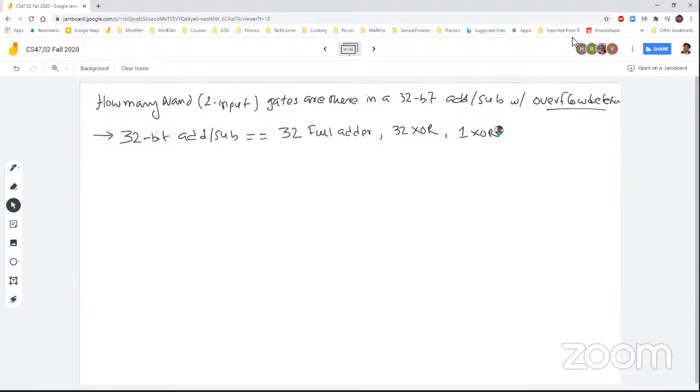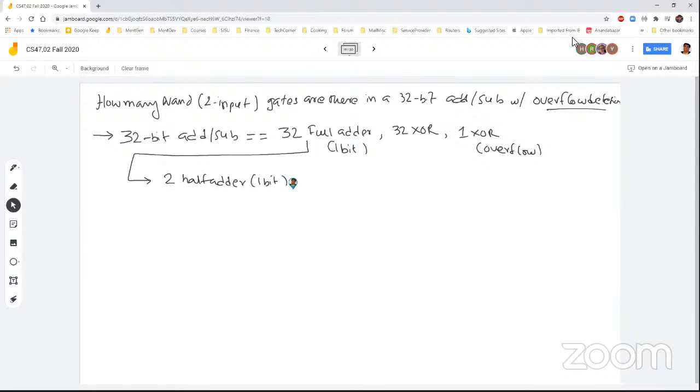This is for the overflow, right? And then that means this guy is what? This guy is two half adders. I'm assuming we are talking about 1 bit half adder, 1 bit half adder.